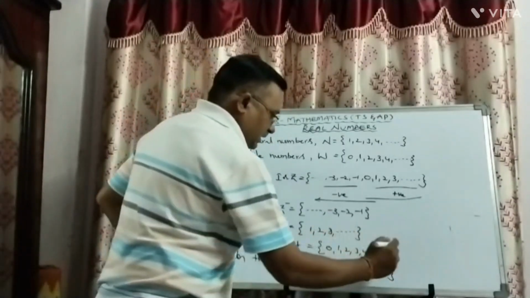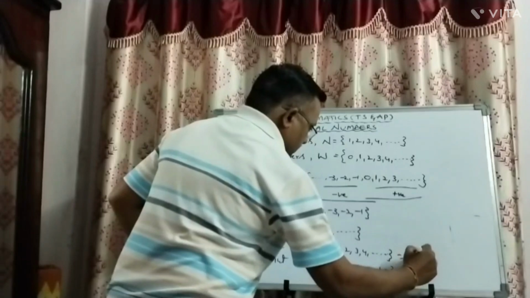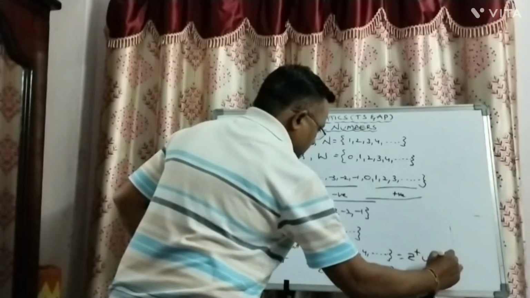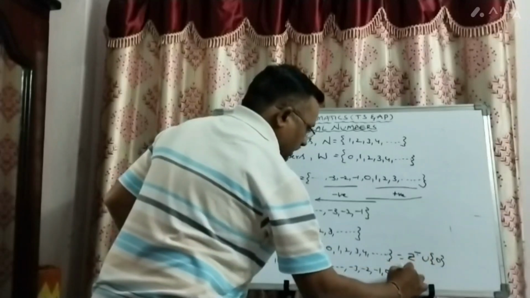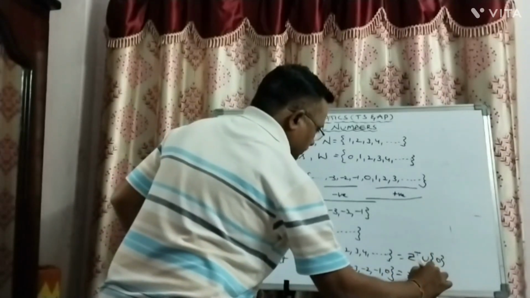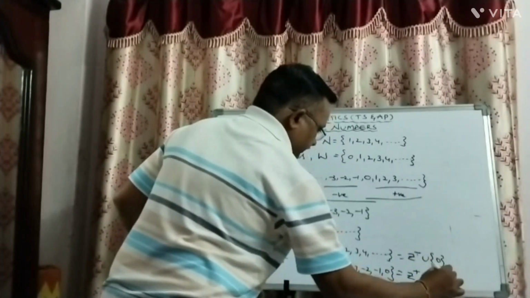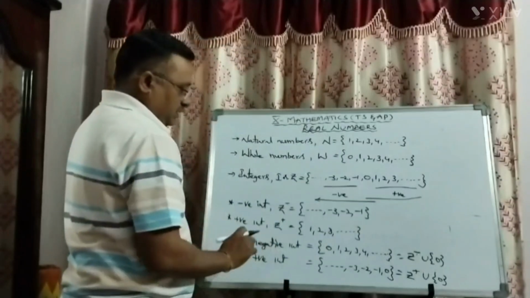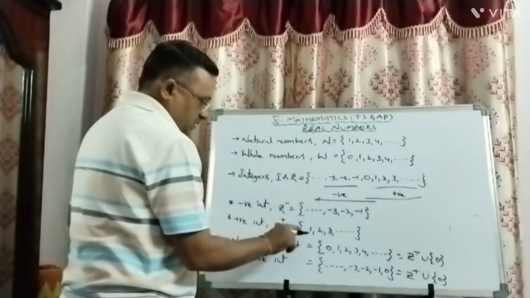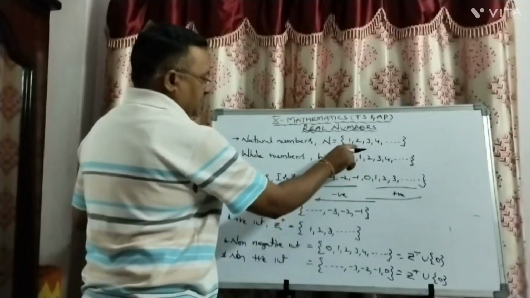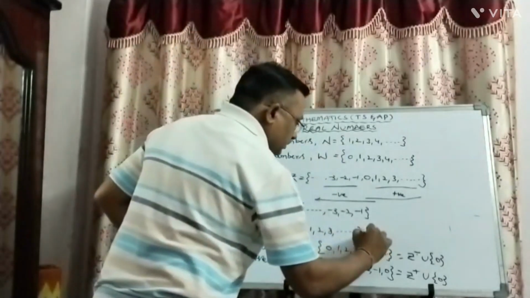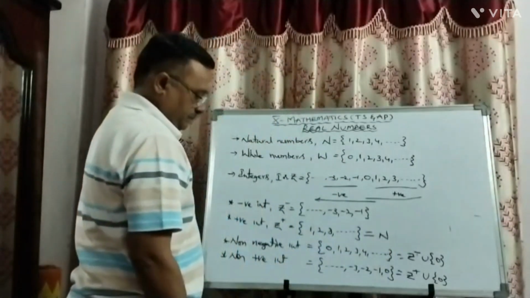So you can write these as Z minus union singleton 0, and the non-negative ones as Z plus union singleton 0. And if you observe, positive integers is nothing but the set of 1, 2, 3 and so on, which is nothing but natural numbers, N.